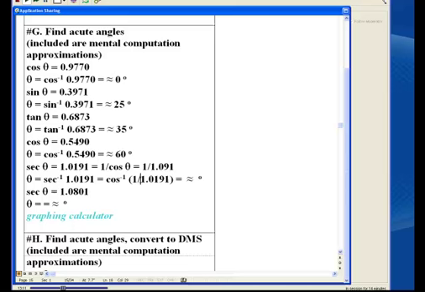Let's see if I got this correctly. Okay, I have to think about this one here if I wrote this down correctly. 1 over cosine. Let's see, maybe I should make a comma there. This is not correct here. Oh, there we go. Let's see where my mistake is.